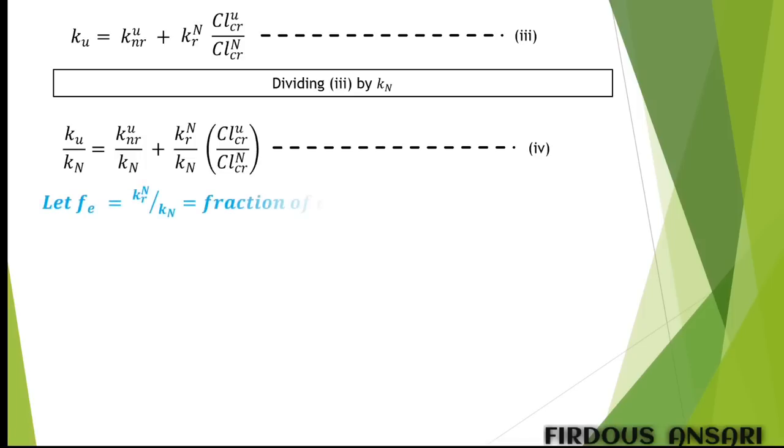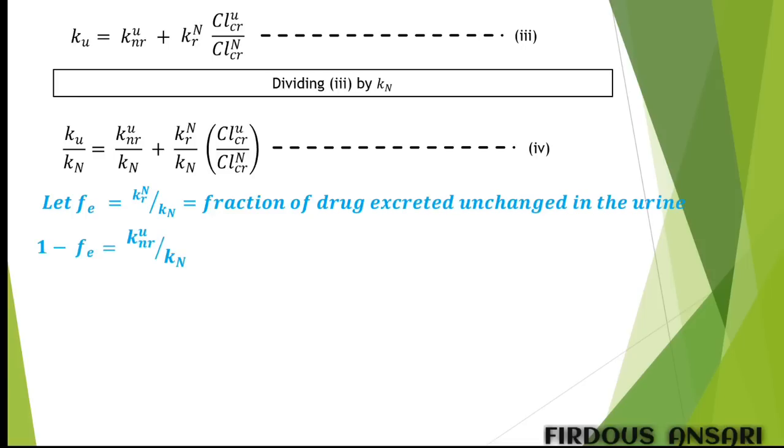Now let Fe equal Krn divided by Kn, which equals the fraction of drug excreted unchanged in urine, and 1 minus Fe equals Knr divided by Kn, that is the fraction of drug excreted by non-renal routes. Fe means the fraction of drug excreted unchanged in the urine, and 1 minus Fe is the fraction of drug excreted by the non-renal route.